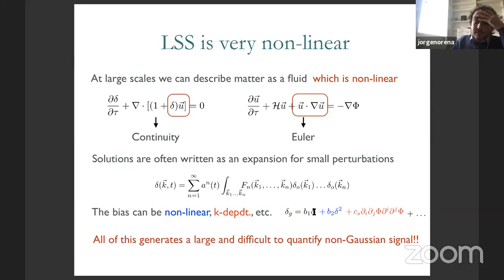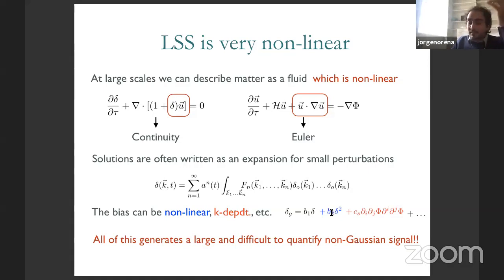You cannot see the gravitational potential directly, but the hope is that at least at large enough scales, which is where we are looking for these effects, all this unknown physics involving baryons making a mess when they form a galaxy can be encoded in bias coefficients, like the ones that appear here. So they can be encoded in a bias expansion.